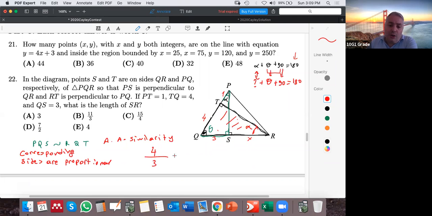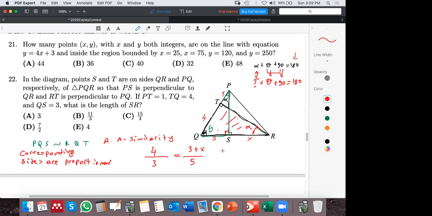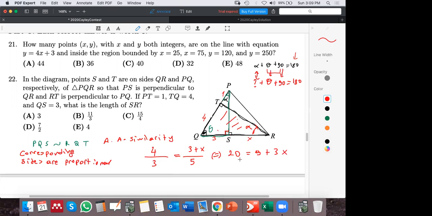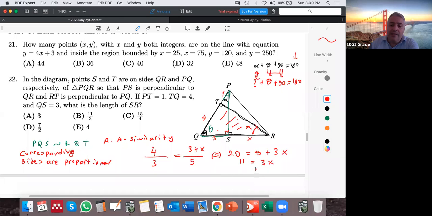So in this triangle, which I started, opposite of 90 degrees is 3 plus x. In the other triangle, where this is 90 here, opposite of 90 degrees is 5. Am I clear? I may continue, but no need, since my aim is to find x. So cross product: 20 = 9 + 3x, 11 = 3x, x is 11 over 3, option B.